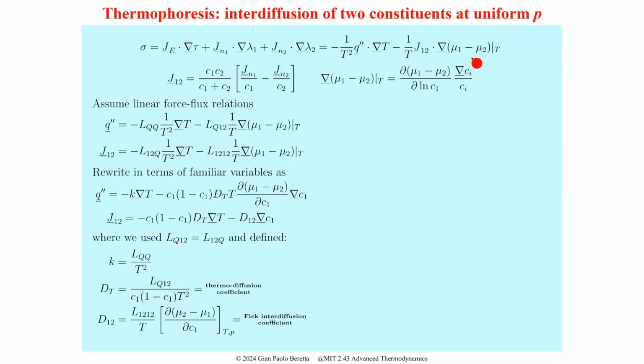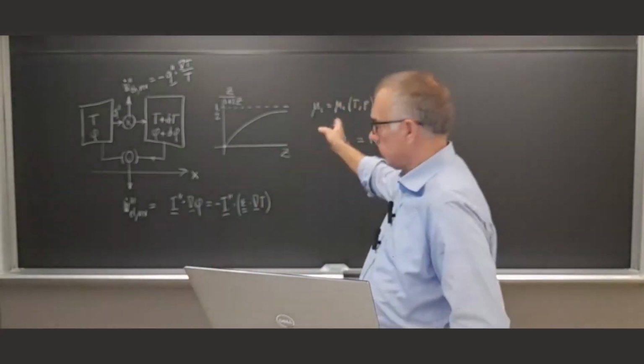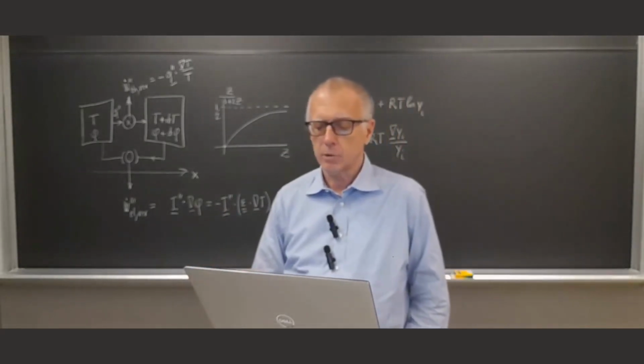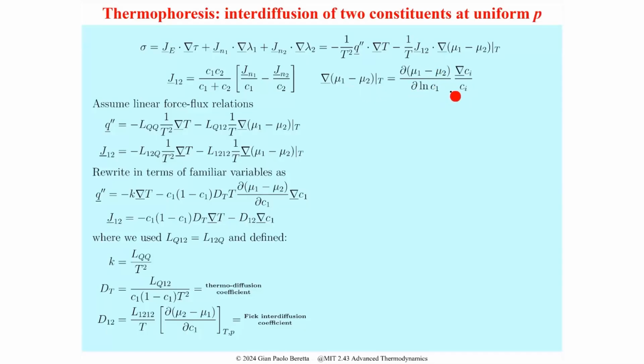This is written explicitly x12, which is minus 1 over T times the gradient of mu1 minus mu2. We can write it also in terms, like I've said here, with the partial derivative starting from the chemical potentials. You can write it this way, in terms of the concentration.